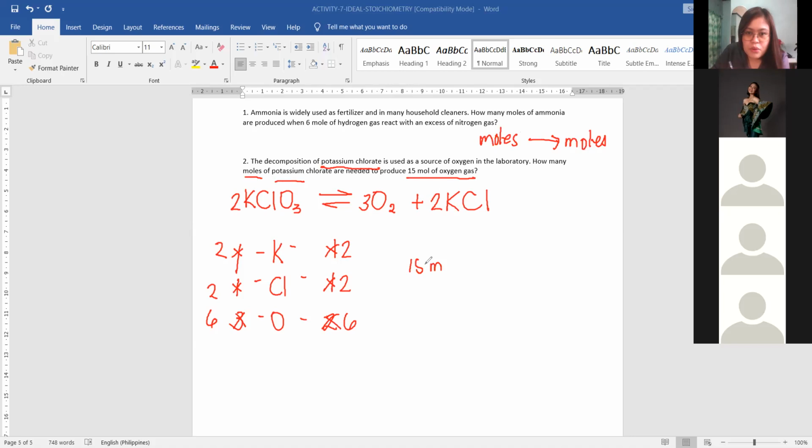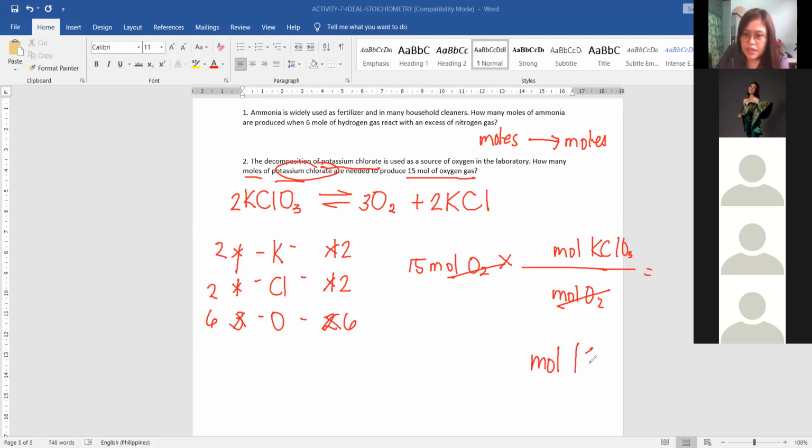So 15 moles of oxygen daw will be produced. Ang mole ratio na ani, you have moles of oxygen sa baba para makancel. And syempre, we are looking for potassium chlorate. So the moles of potassium chlorate should be found sa taas. Ayan. Para makancel siya, ang mabilin, syempre, moles ni potassium chlorate.